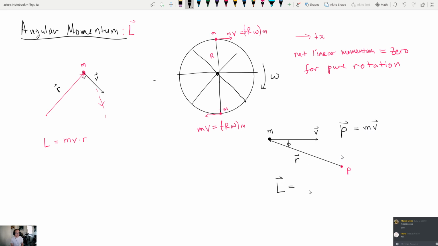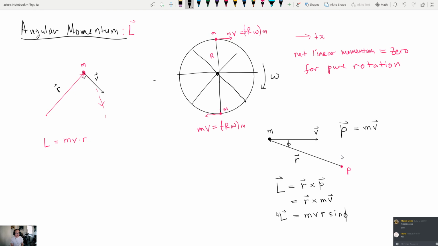The angular momentum is equal to r cross p, or in this case, r cross mass times velocity, which you can write in terms of its size as m v r times the sine of phi.